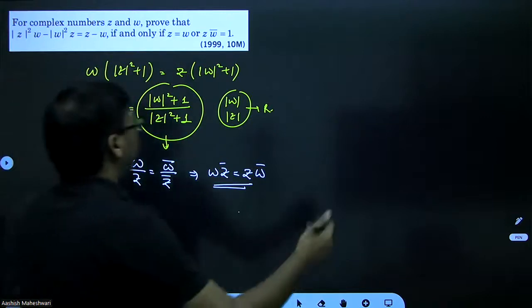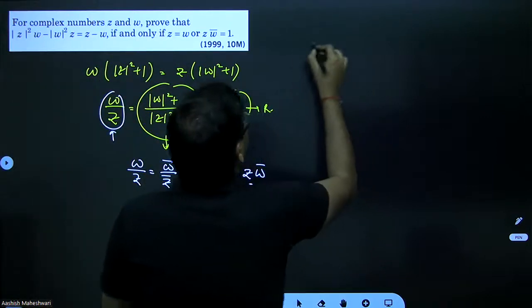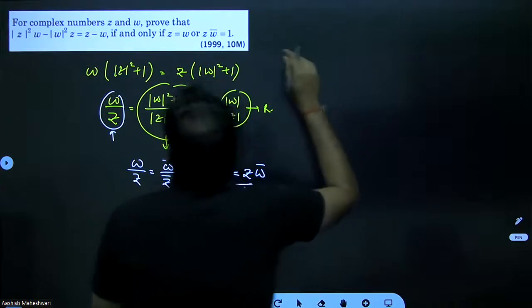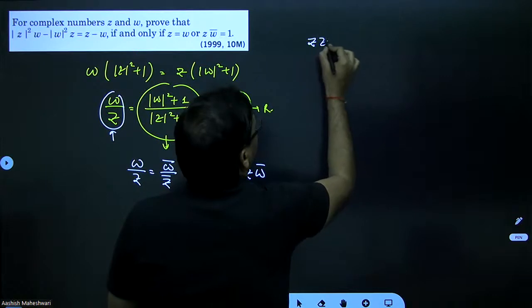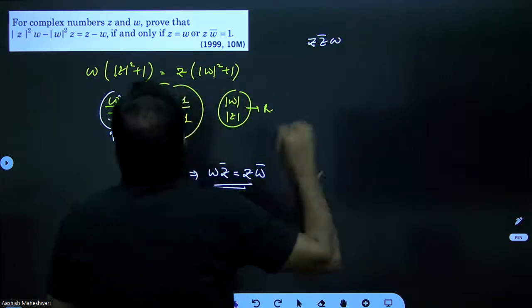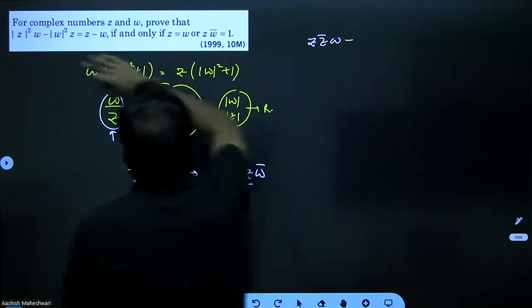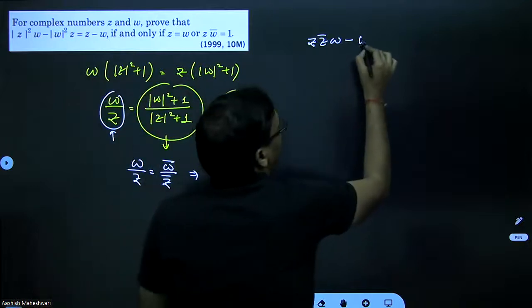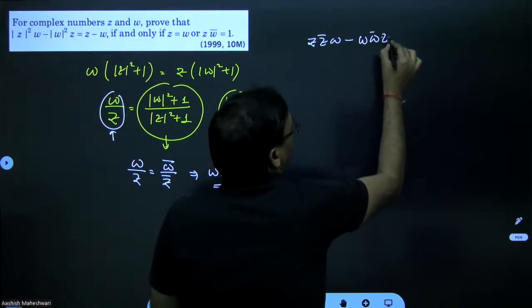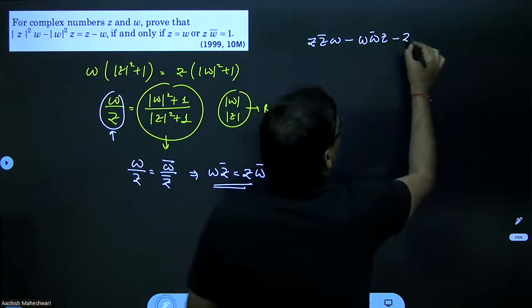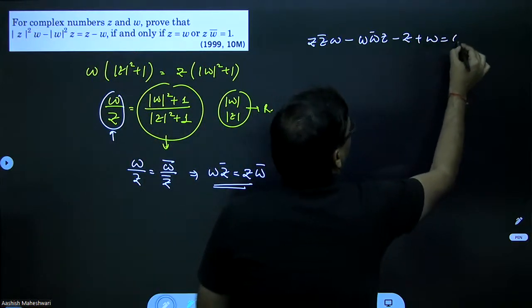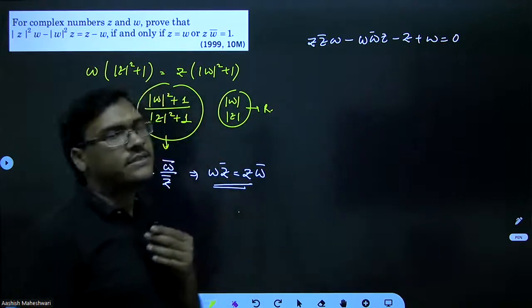If you see here, I can again take the same equation. Look at this carefully, we are arranging it. What is z mod z squared? This is z bar omega minus what is mod omega squared? I can say this is omega bar z. Correct? This is minus z plus omega is equal to 0. Just arranging the terms.